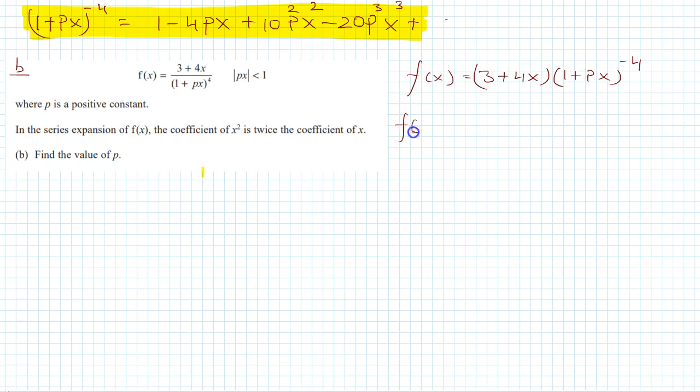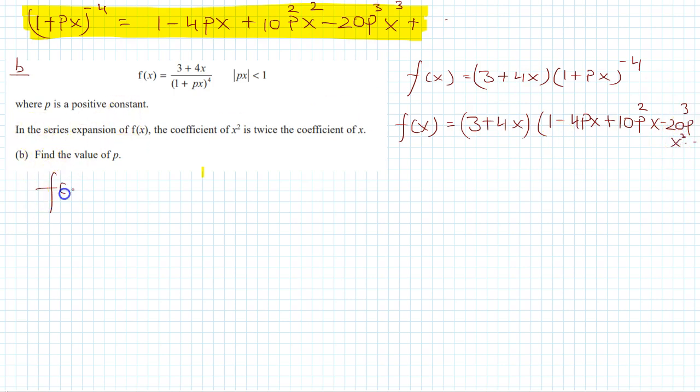So f(x) is equal to (3 + 4x), and we can write this as (1 minus 4px plus 10p squared x squared minus 20p cubed x cubed).